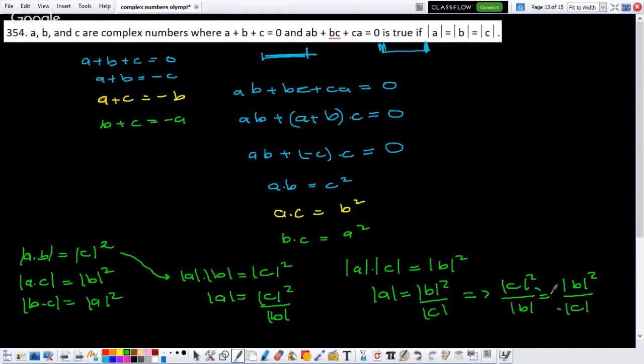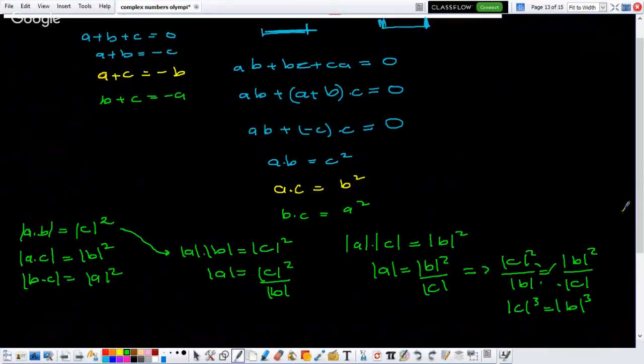And if we cross multiply, we will get this term here: C module cube is equal to B module cube. So C module is equal to B module.